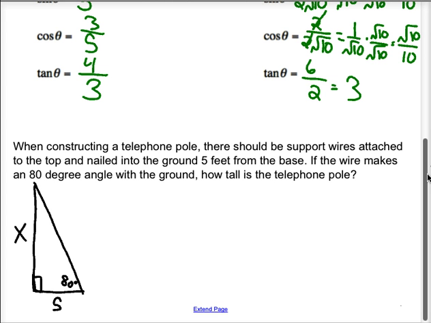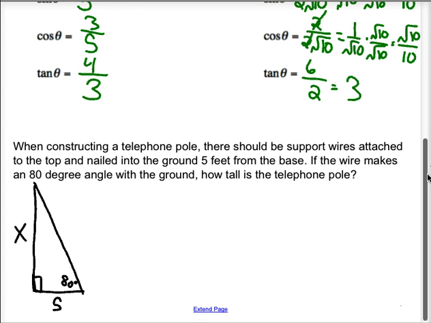All right, so looking at this, we need to figure out what pieces of the triangle do we have. Well, right now, I'm seeing the opposite side and the adjacent side. So you need to think opposite and adjacent. Which of those trig ratios includes opposite and adjacent, O and A? Hopefully you're thinking TOA from SOHCAHTOA.